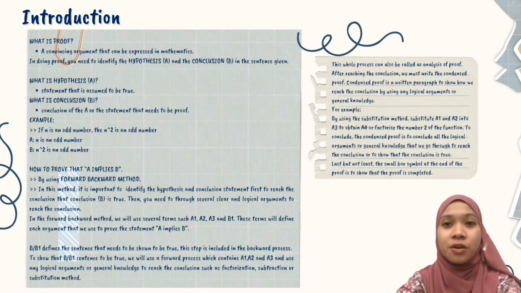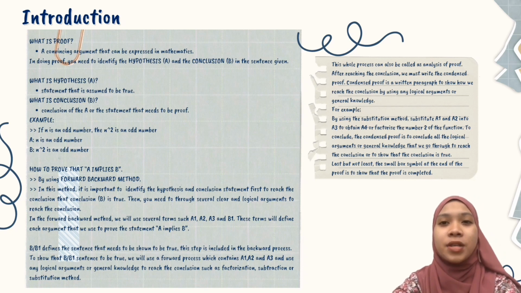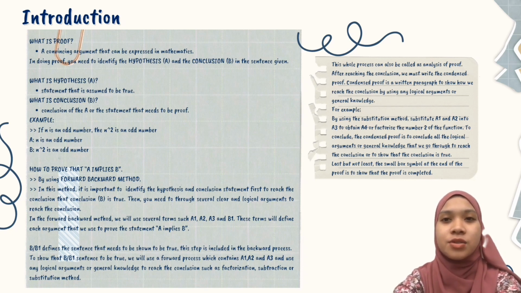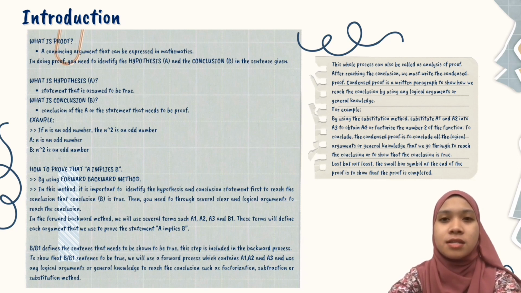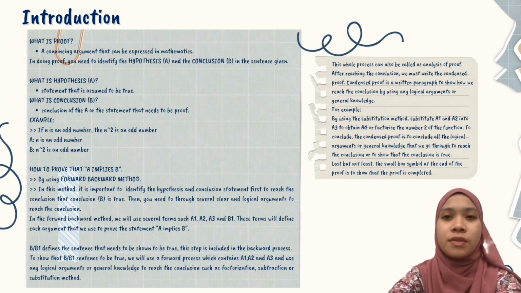After reaching the conclusion, we must write the condensed proof. Condensed proof is a written paragraph to show how we reach the conclusion by using any logical arguments or general knowledge. For example, by using the substitution method, substitute A1 in A2 into A3 to obtain A4, or factorize the number 2 of the function.